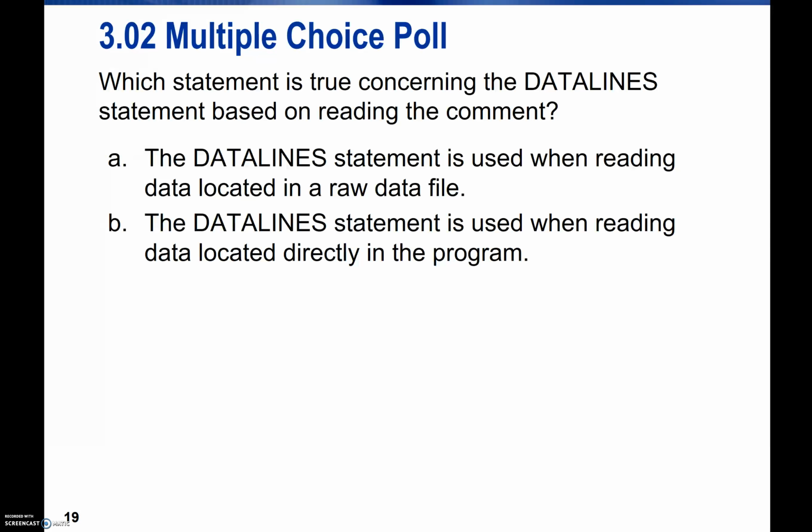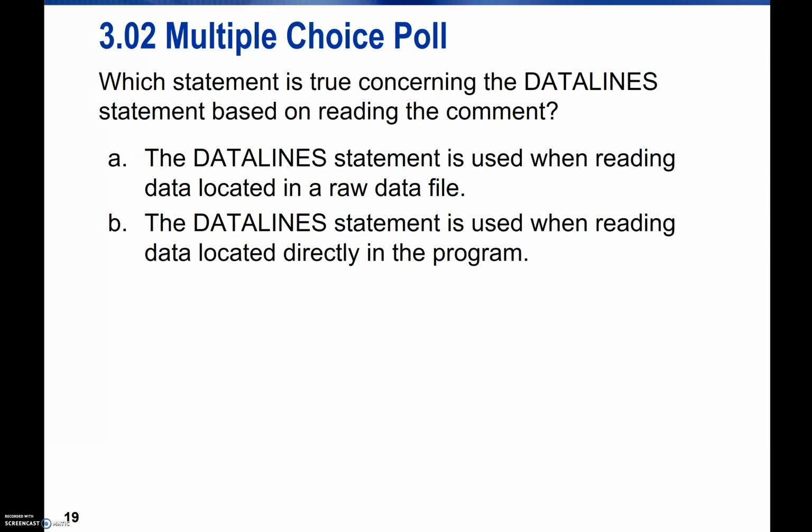So once you've done that, let's take a look at this multiple choice poll. We'll spend some time on this maybe in the class, but for right now, I just want you to stop the video, read through here, and think about this.